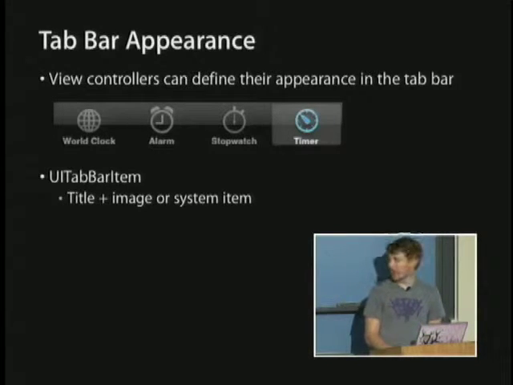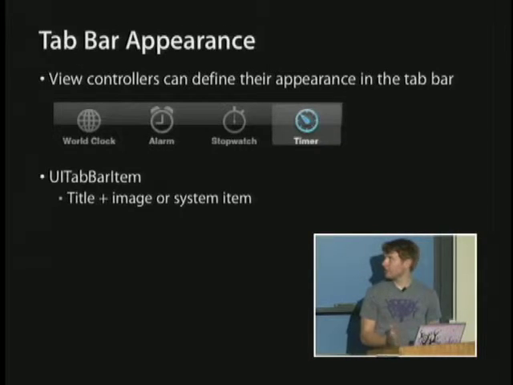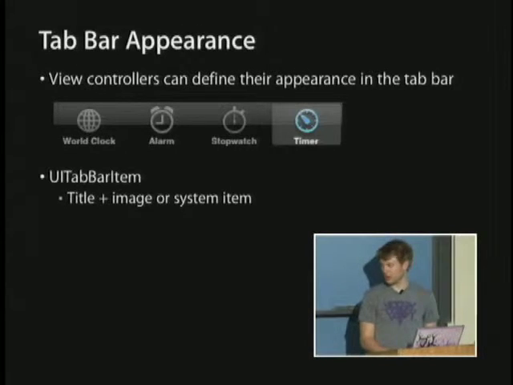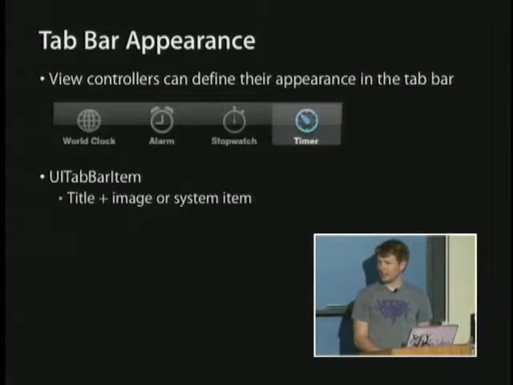So it can be either a title with an image, or again, there are some special system items for really common things like bookmarks, and what other ones are there? Favorites with a little star, all that sort of stuff. So each view controller comes with a tab bar item for customizing, or you can create your own and set it.